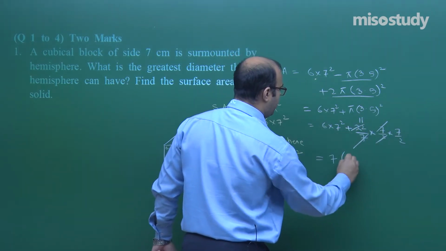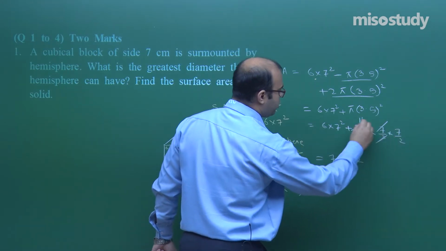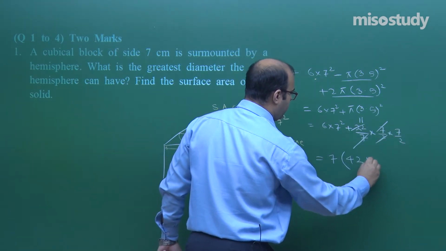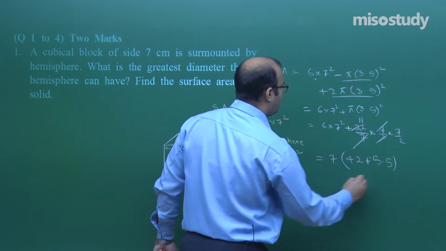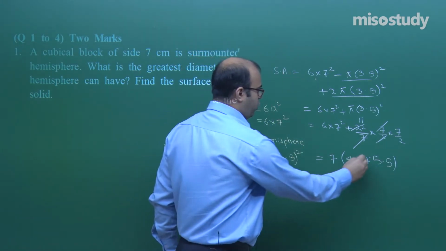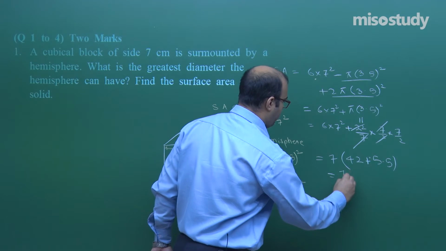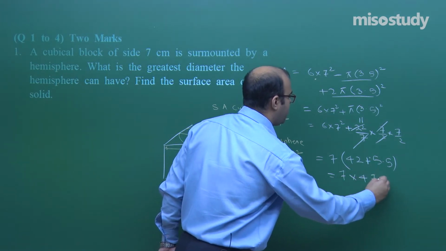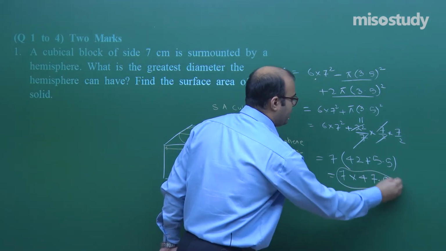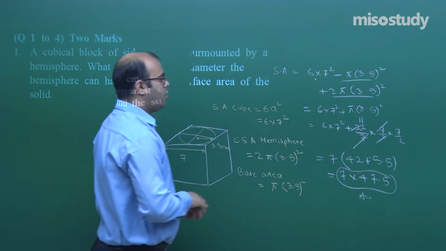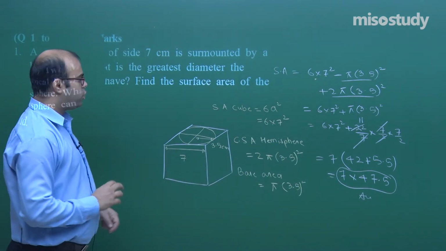So 6 into 7 is 42. Here we take 7, so 11 by 2 is 5.5. Now this can be written as 42 plus 5.5, which is 47.5. So 7 into 47.5. Just calculate this and get the answer. This is the surface area of the solid figure.